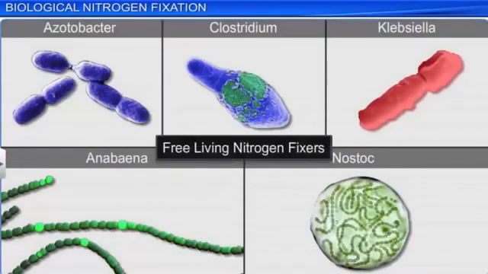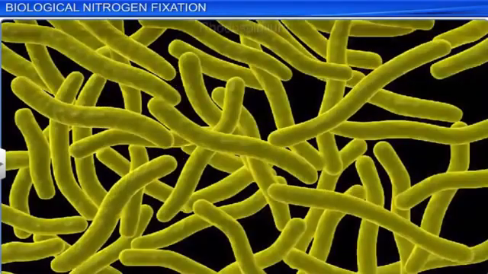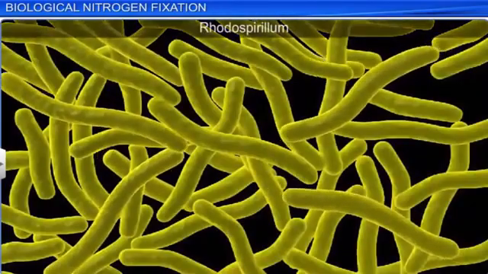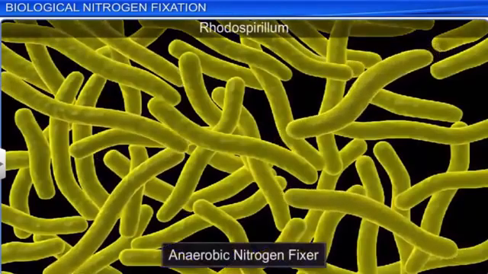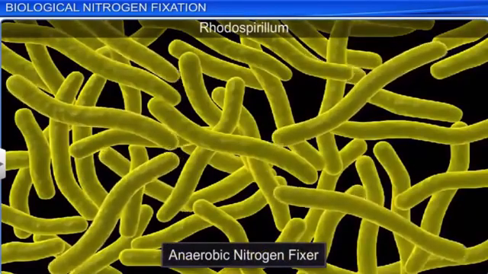Examples of free-living aerobic nitrogen fixers are bacteria such as Azotobacter, Clostridium, Klebsiella, and blue-green algae such as Anabaena and Nostoc. The bacterium Rhodospirillum is an anaerobic nitrogen-fixing agent, but it can also exist in aerobic conditions.